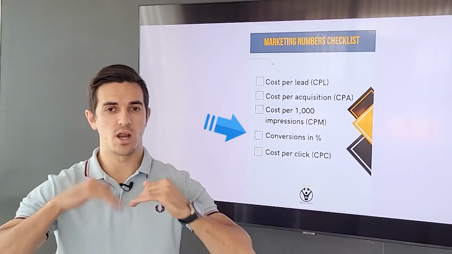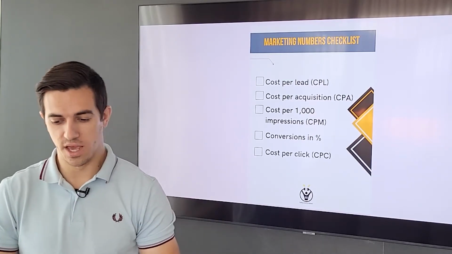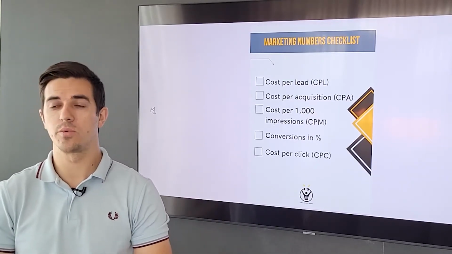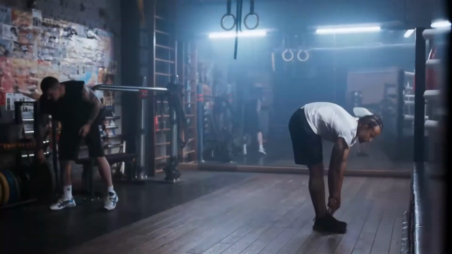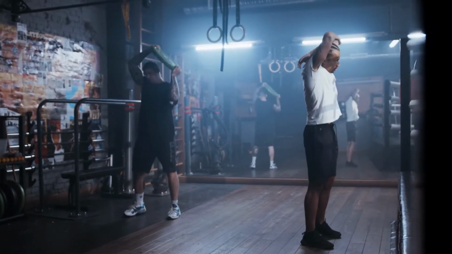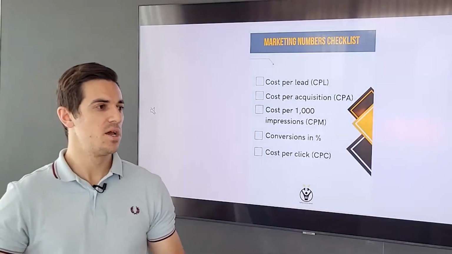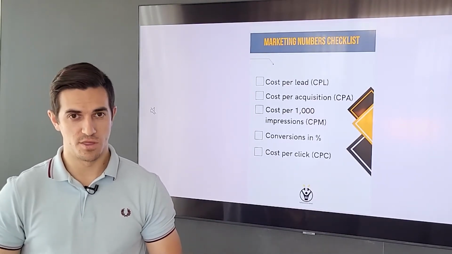So let's take a gym as an example, right? If it's a CrossFit type of gym, or a gym where they do boot camps, let's say the cost of the program to join the gym is $200 a month.